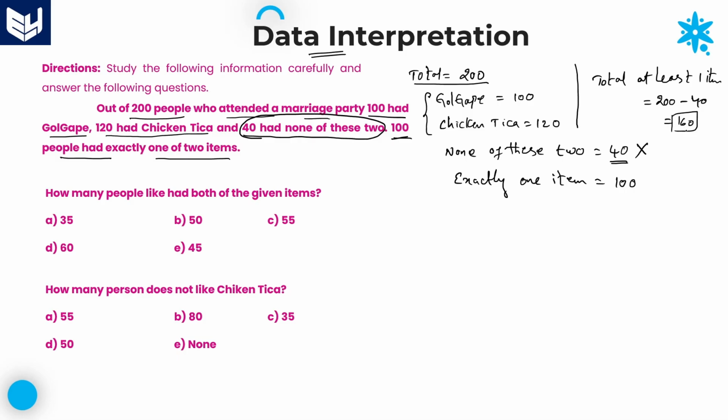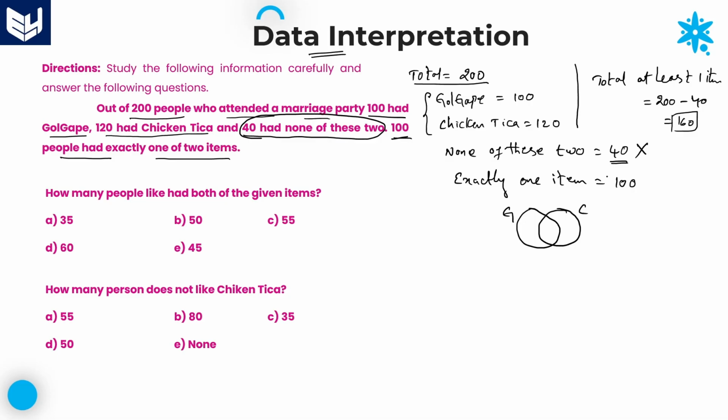Now for these 160 members, you need to draw the diagram. Take the intersection of golgappa and chicken tikka. First one is golgappa, second one is chicken tikka, G and C. Always fill the intersection point first. Why? Because once you fill this information, only then can you find only golgappa, how many members, and only chicken tikka, how many members.